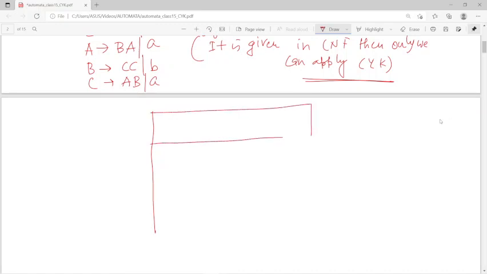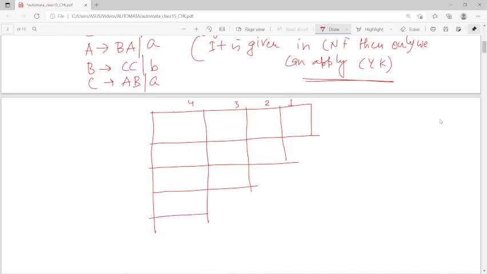That means this is 1, this is 2, this is 3, this is 4, and the thing is that this is 5, and this is also 1, this is 2, this is 3, this is 4, this is 5.